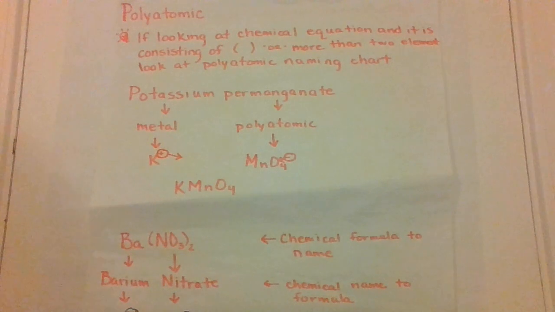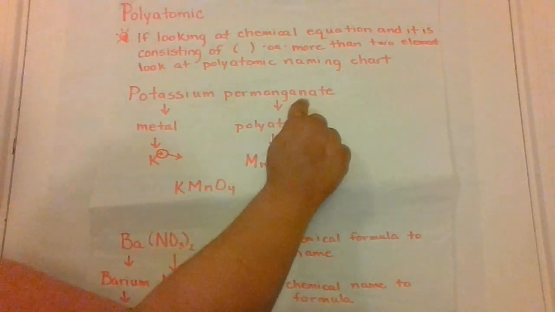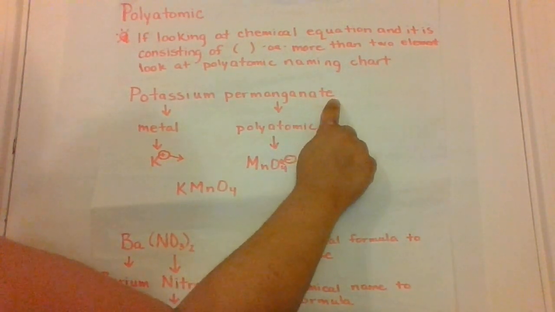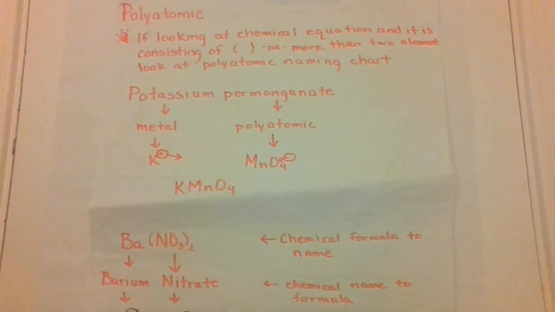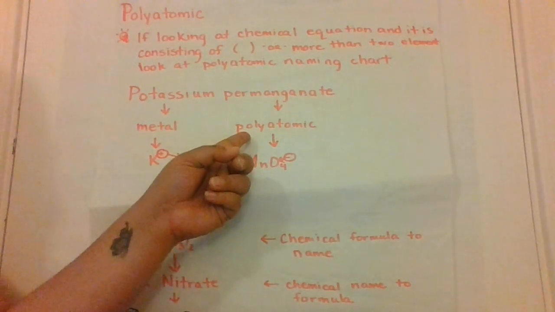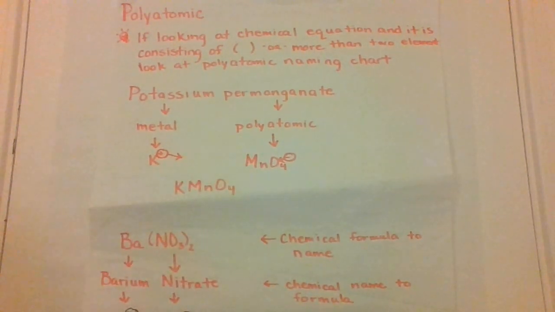So potassium in our first example we know is a metal. And then we look at permanganate. If we look at our periodic table and we search and search, there is nothing that is remotely like that name. Also, if we look at the ending, ATE or ITE at the end of a word lets us know we're dealing with a polyatomic ion.